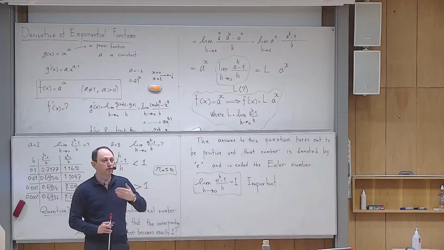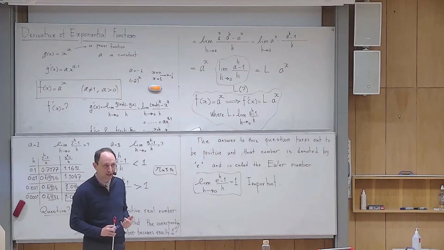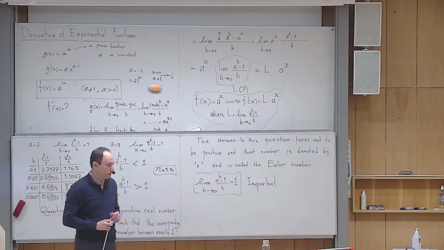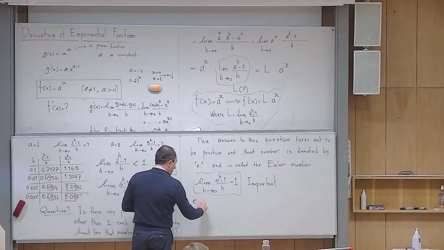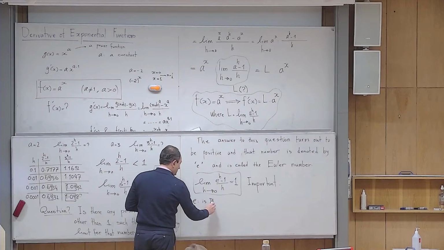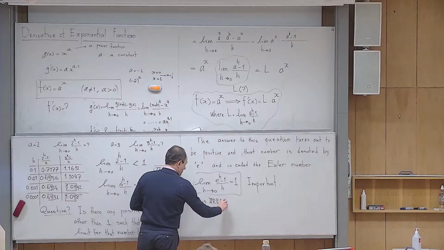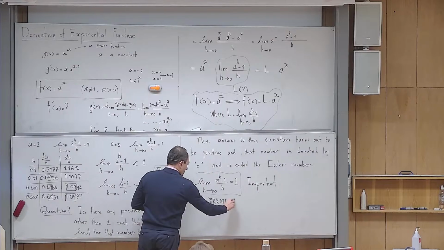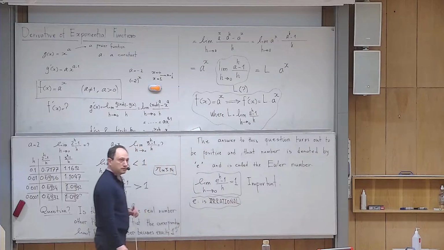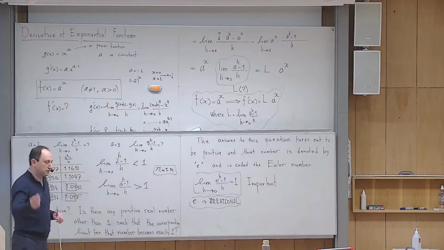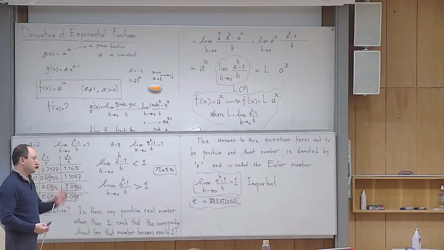These are just pieces of information I am passing to you. All of them are theorems. So I want you to know that, first of all, E is irrational. So you cannot write this as a fraction. You have to write it as a decimal, and the decimals continue forever.